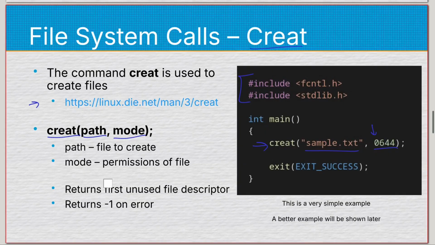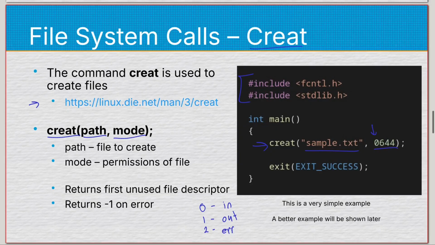All right. And then it returns the first unused file descriptor. Again, the first 3 file descriptor entries are the standard input, standard output, and standard error streams. And then the first unused one is the next empty entry. So again, 0 is input, 1 is output, 2 is error.